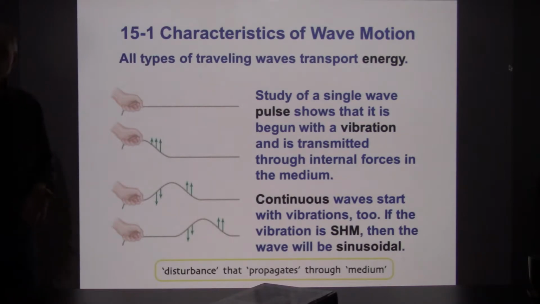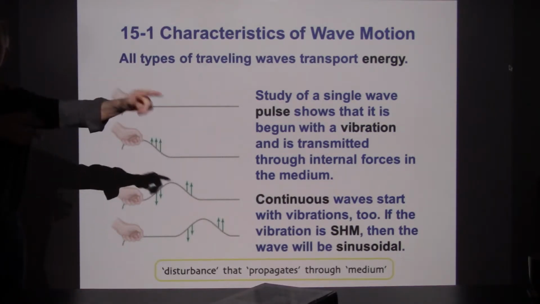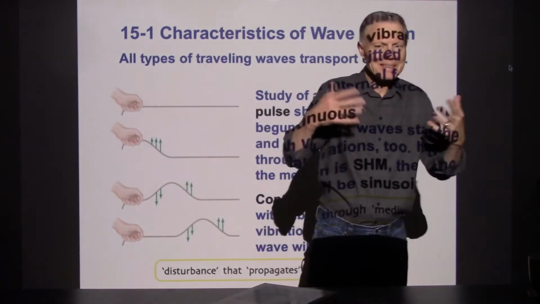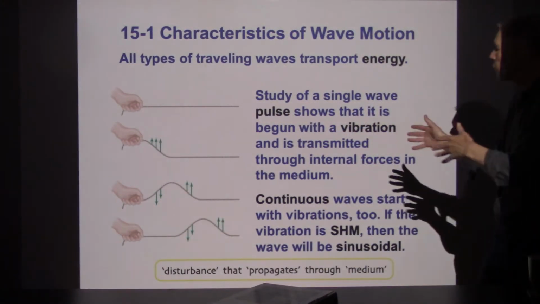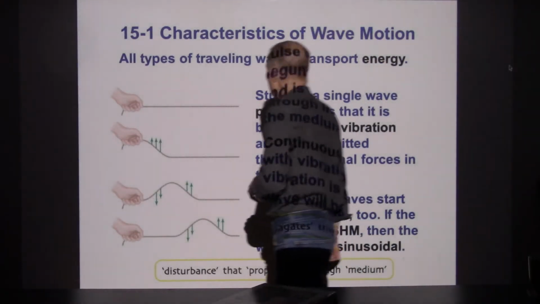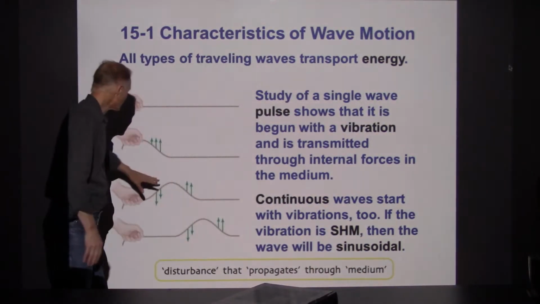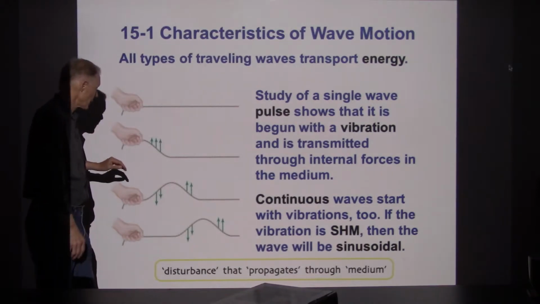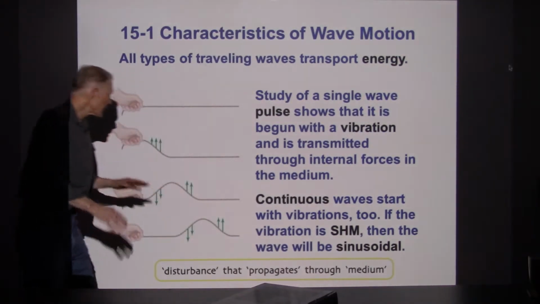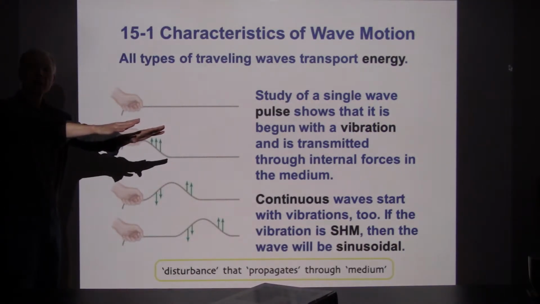So what's interesting is when we create these disturbances and they propagate through a medium, to some extent, they propagate with kind of a constant profile. If there's no damping, if there's no energy damping along the way, then ideally the string will maintain this same profile, and that profile will propagate.